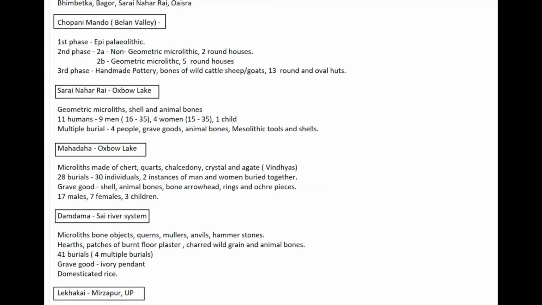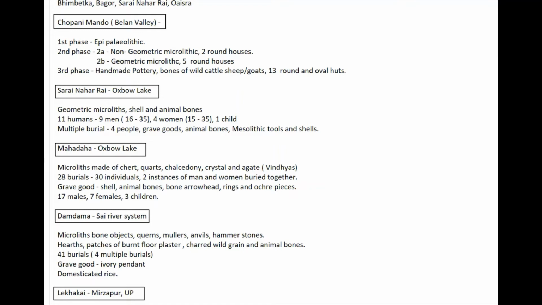And of the 17 males, 7 females and 3 children identified in the skeletal record, 5 represented persons less than 18 years of age, 6 belonged to the 18 to 40 age group, and only 1, a female, represented a person between 40 and 50 years old. These figures provide an idea of average life expectancy.